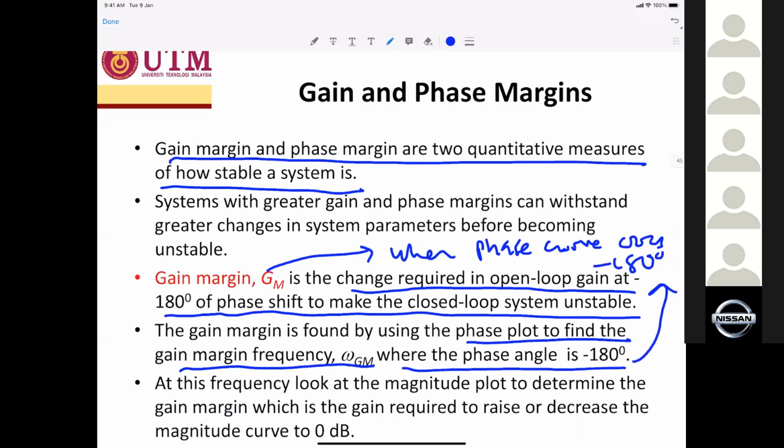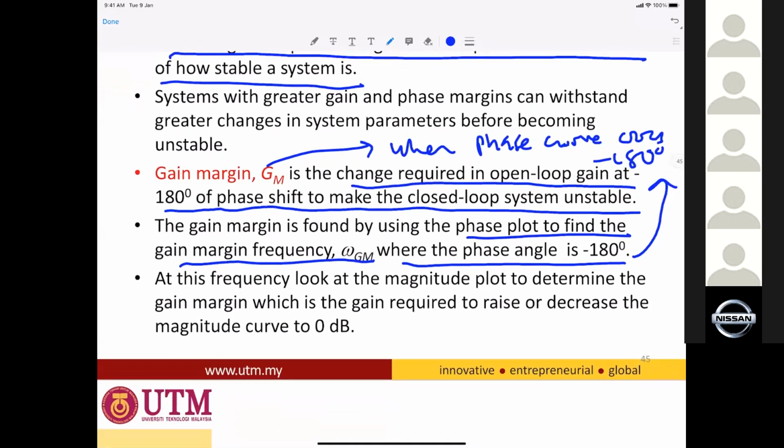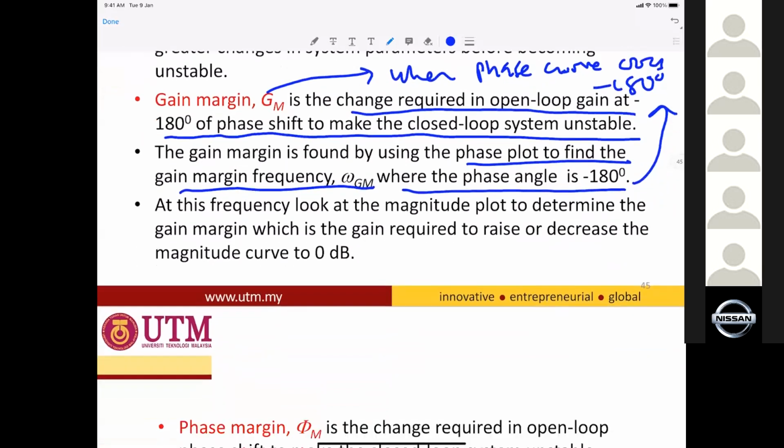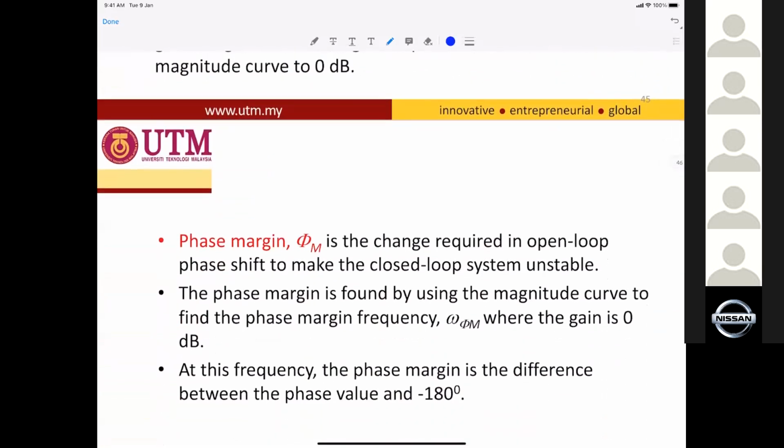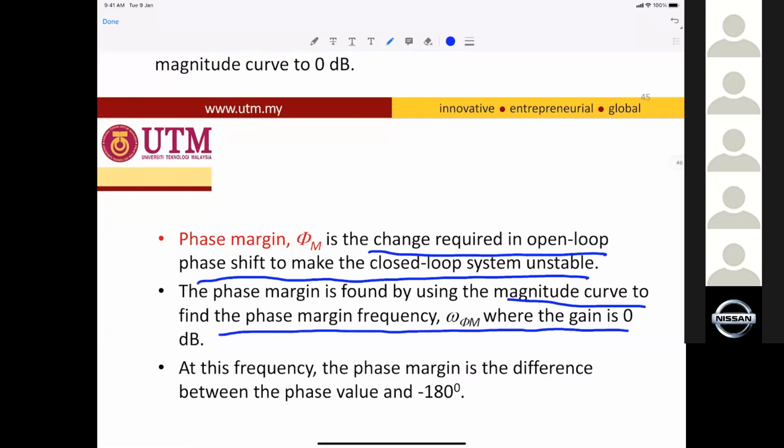At this frequency, look at the magnitude plot to determine the gain margin, with the gain required to decrease the magnitude curve to 0 decibels. While the phase margin is the change required in the open loop phase shift to make the closed loop system unstable. So the phase margin is found by using the magnitude curve at omega PM, where the gain is 0 decibels.